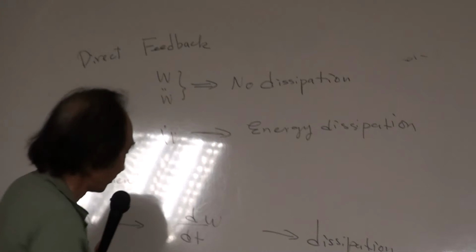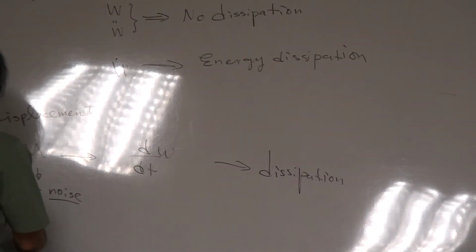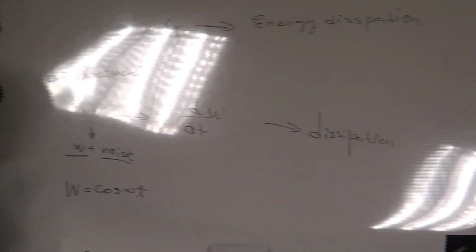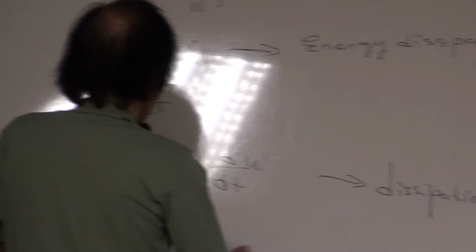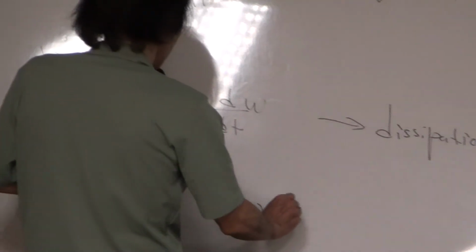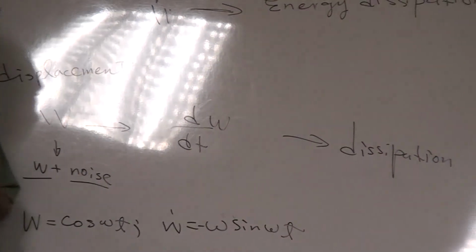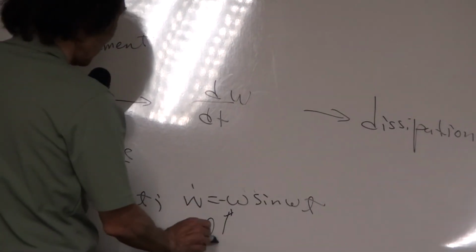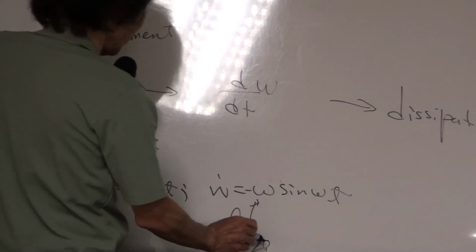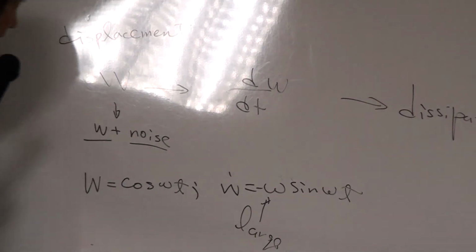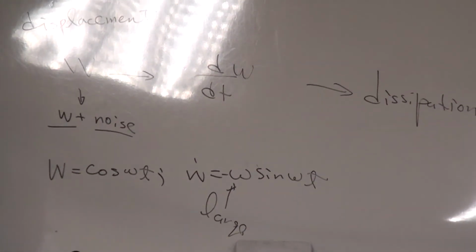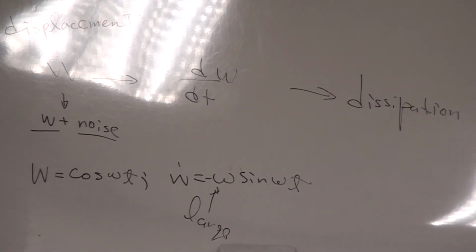Now, if w is cosine omega t, right? And w dot is what? Omega sine omega t, right? Now, if this omega is large, then when you differentiate that, you amplify your signal by omega. Correct?